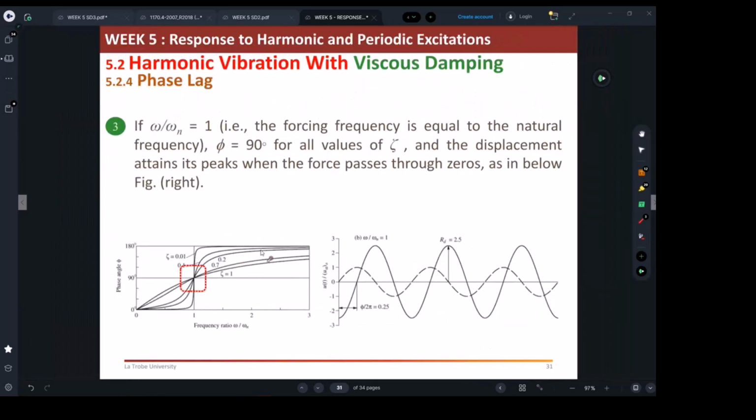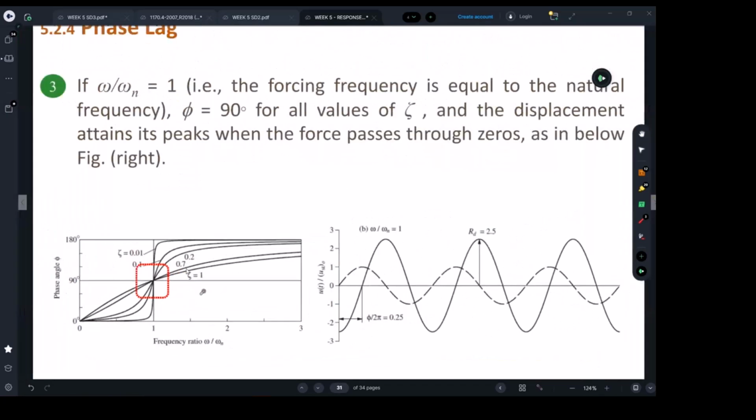Let's say our resonance problem here. When the forcing frequency is the same as the natural frequency or very close to it, for all the values, we are here. Ideally you can't be exactly here; you're typically going to be a little bit to the left or a little bit to the right.